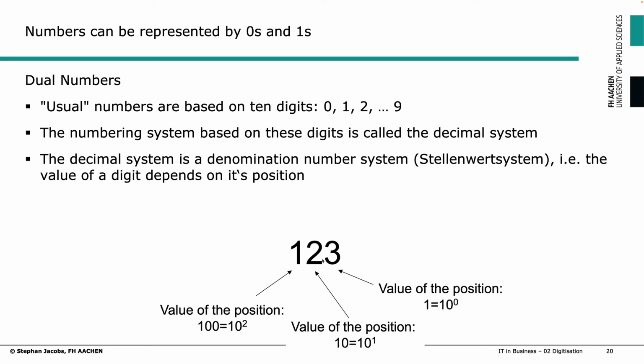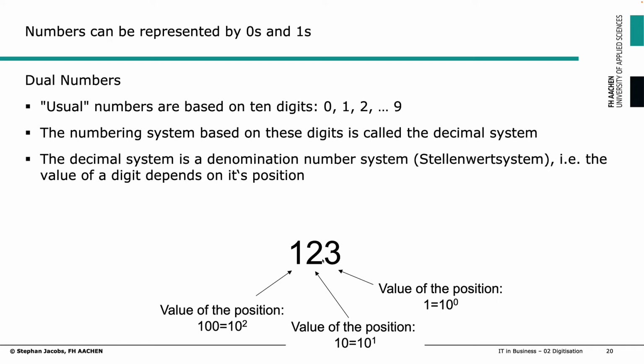Here's a given example, and you're so much used to it that you do not have to think about it anymore. But what does it stand for? The 3 at the very end is at the position of ones. So it basically means we have 3 times the value 1, which is 10 to the power of 0.